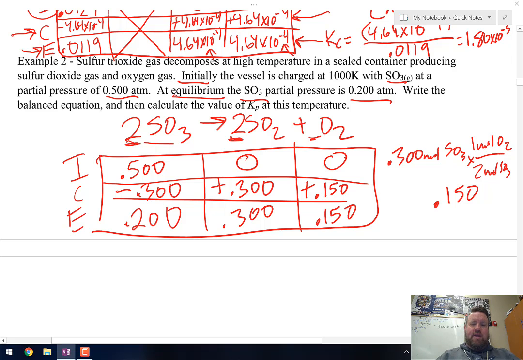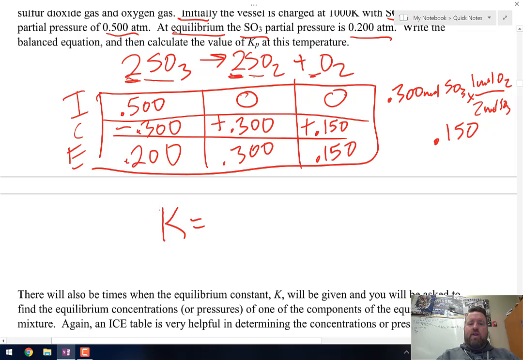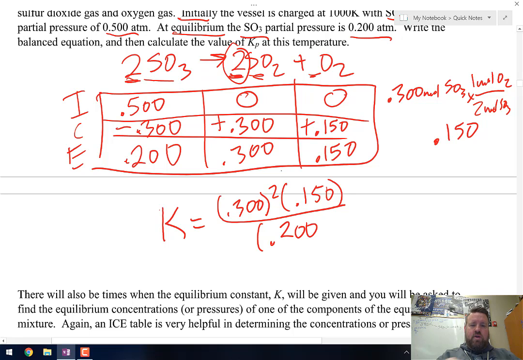And now we can get the equilibrium constant, okay, where K is going to equal the pressure of SO2 squared, so it's going to be 0.300 squared, times the pressure of O2, which is 0.150, over the pressure of SO3, which is 0.2, and again, there's 2 of them, so that also has to be squared.